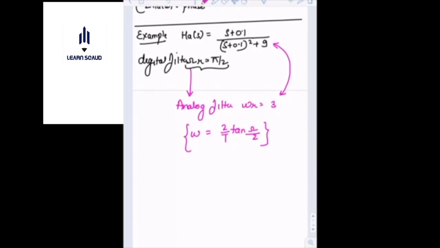So we can get the relationship that 3 is equal to 2 by capital T tan of pi by 4. So T is equal to 2 by 3. So we get the capital T value.